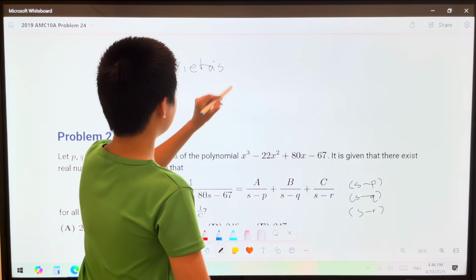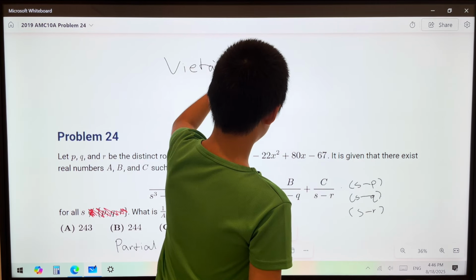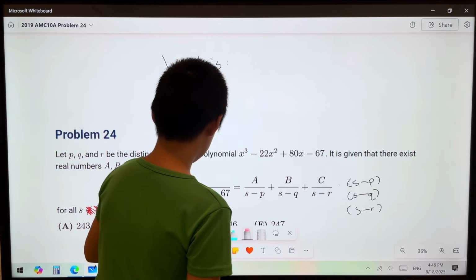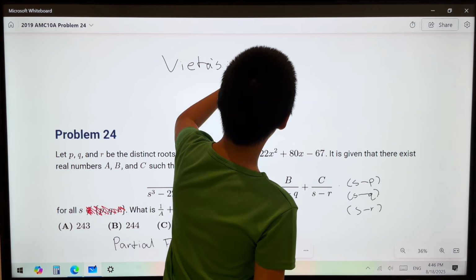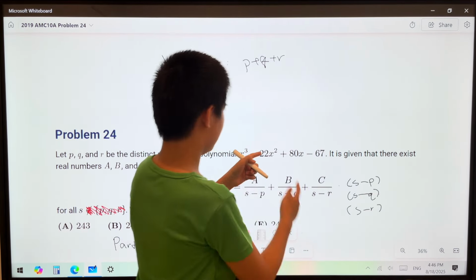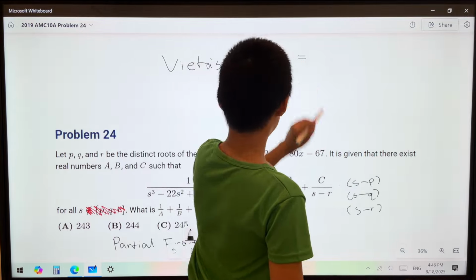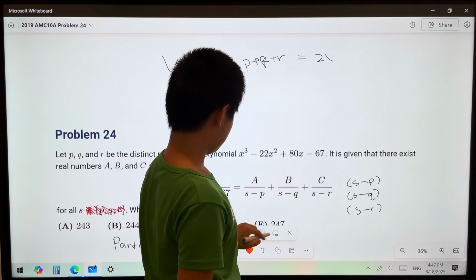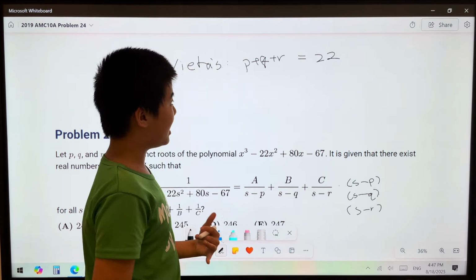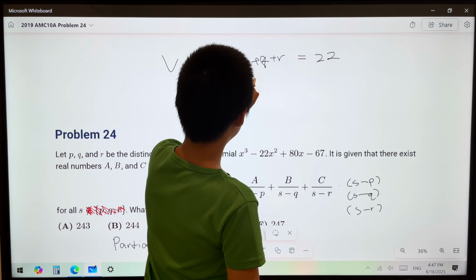And here, because you have a cubic, you're going to use Vieta's for a cubic, which tells you that the sum of your roots, P, Q, and R, is equal to negative 22 over 1, or negative b over 1, which would give you positive 22. My goodness, positive 22.